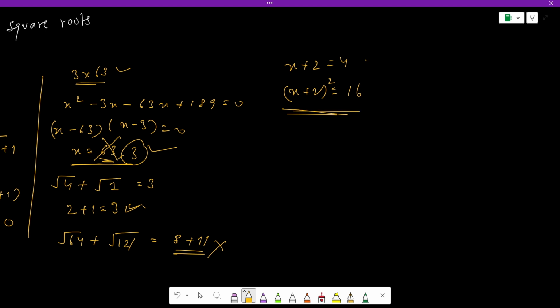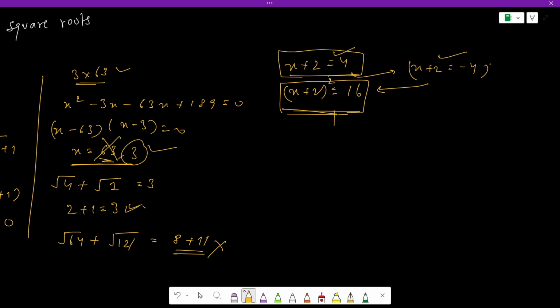If the original equation was x plus 2 equals minus 4 and we squared, we still get this equation. So it means after solving this what we get is the roots of both equations, but our original equation was just this one. So all the roots of the other random equations must be removed, so we must manually check them in order to spot them.